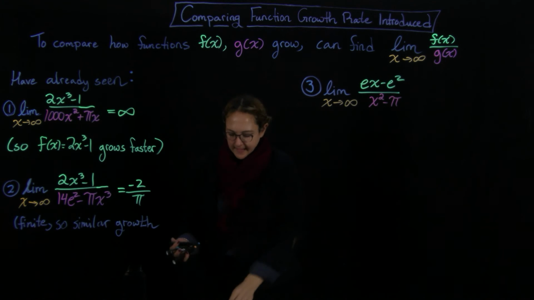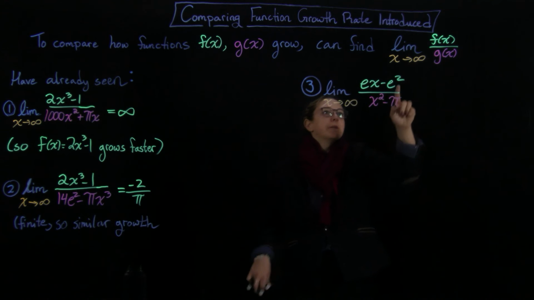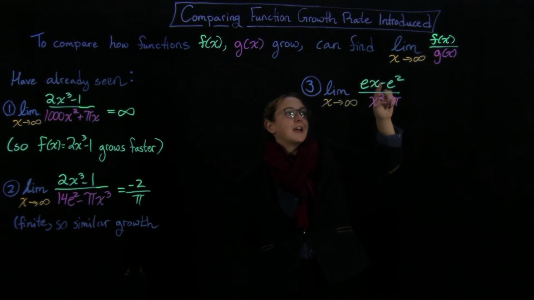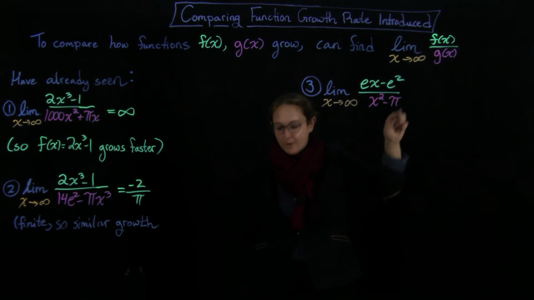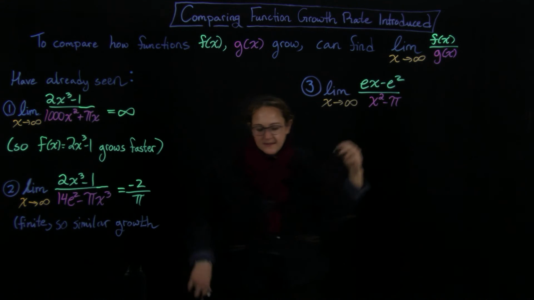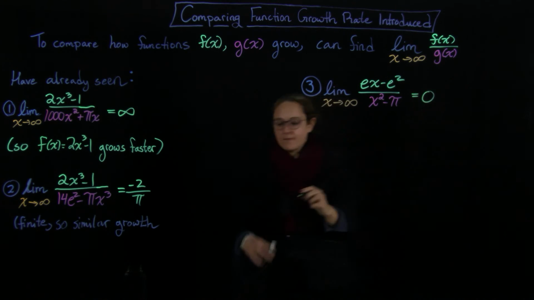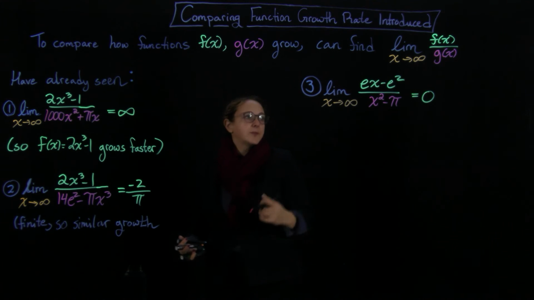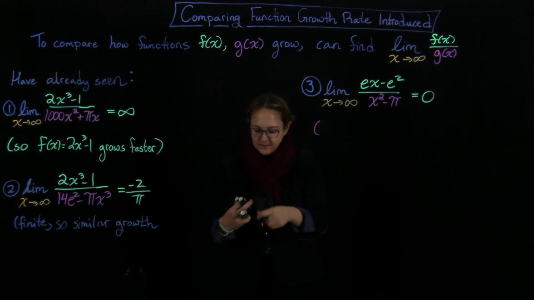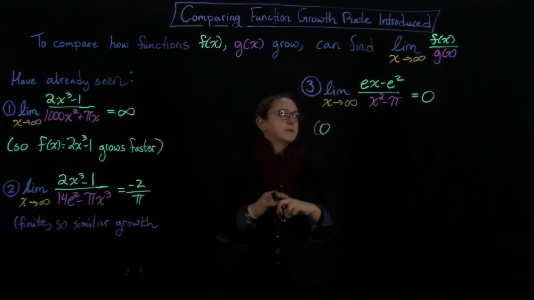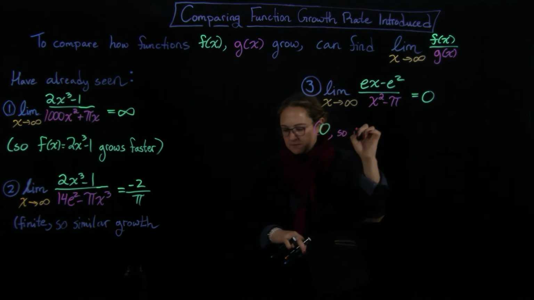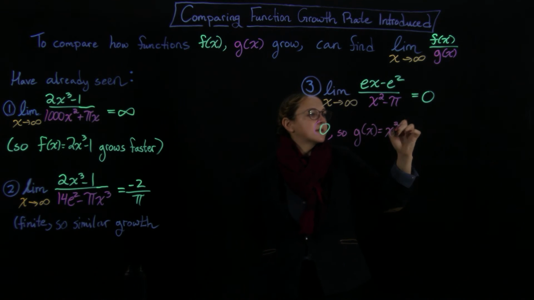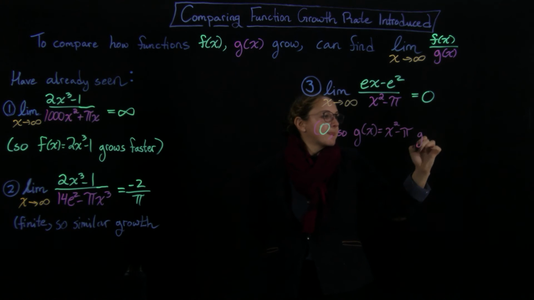Again, this is a rational function, but remember this is a constant. That squared has nothing to do with the degree. The x has degree 1, this has degree 2, so the bottom has bigger degree, which means that my limit is actually 0. Which tells me that the bottom one must grow faster. So that limit was 0, so g of x equals x squared minus pi, what was on the bottom, grows faster.